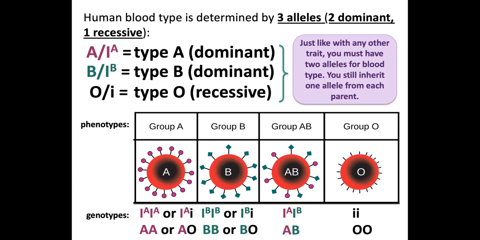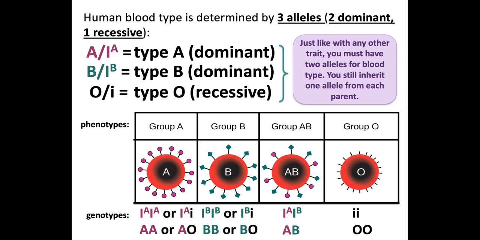So when you do a Punnett square, you're going to do it the simpler way, but you need to be able to recognize these if you see them. So this is simply just AA or AO. So AA would be homozygous, AO would be hetero.